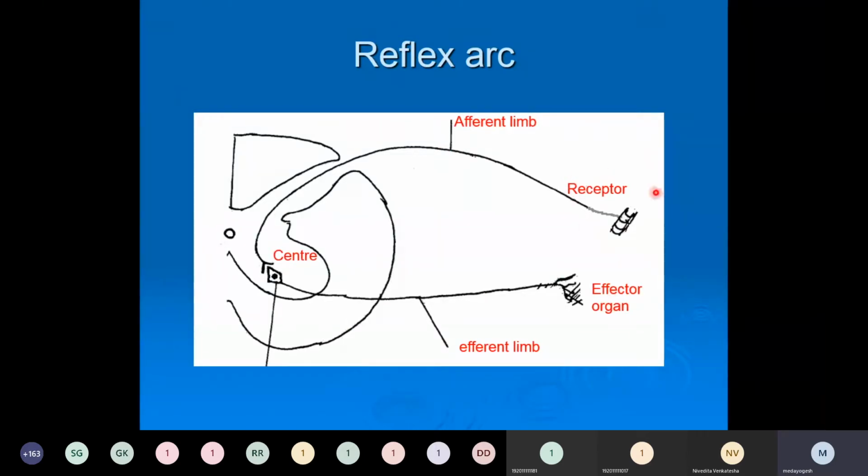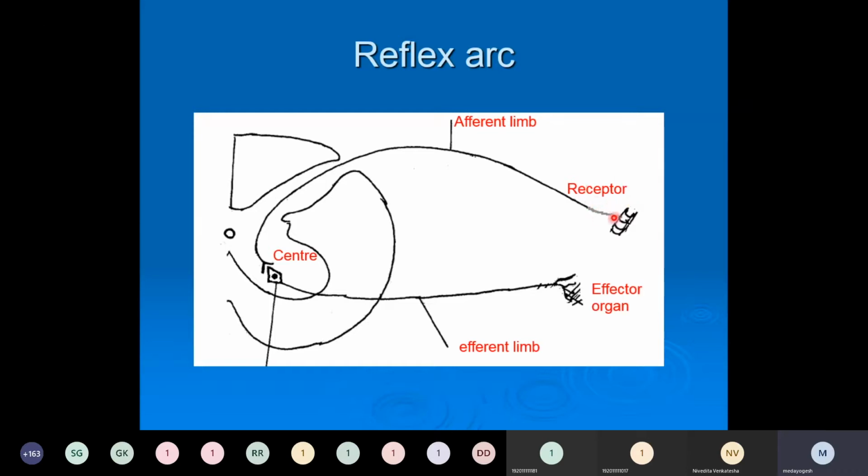Now, as you have learned in the previous classes, receptors are of many varieties. Earlier, it was believed that you have receptors for cold, receptors for hot, receptors for pressure sensation, receptors for vibration sensation, receptors for pain, receptors for touch.